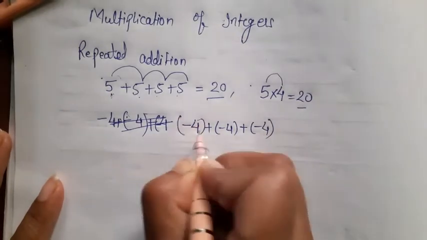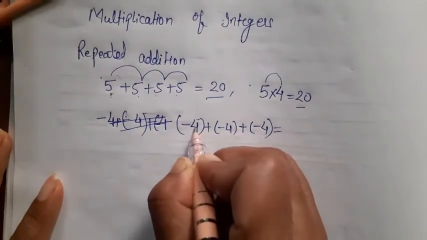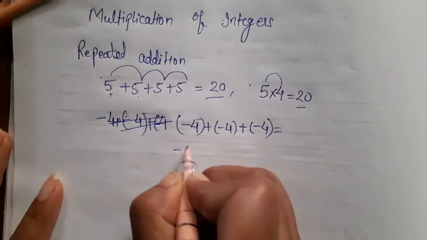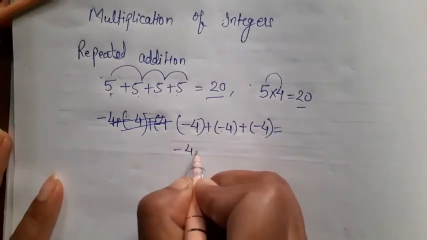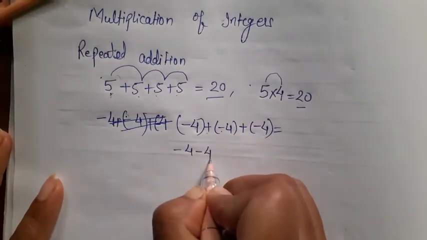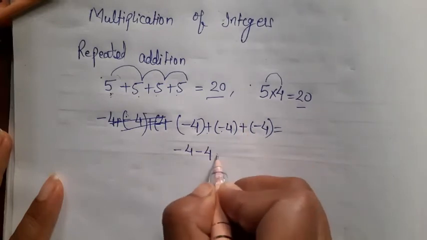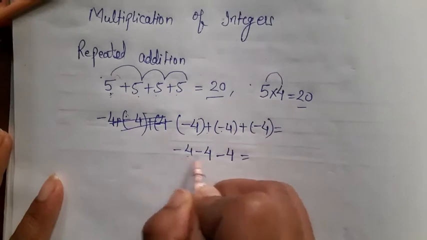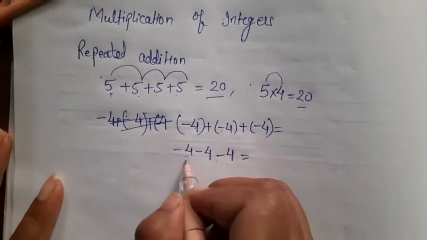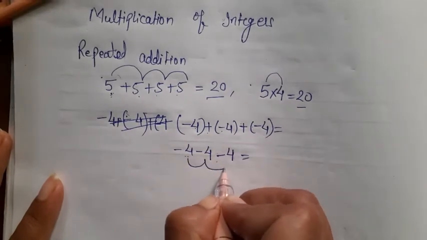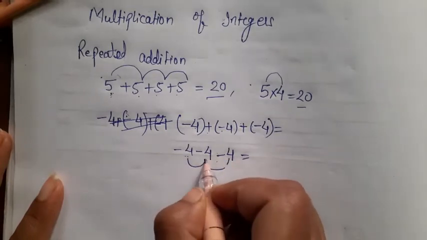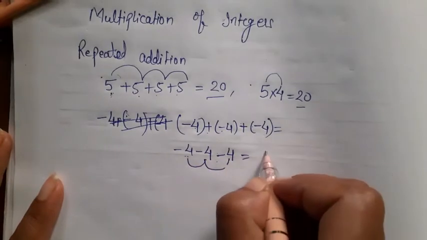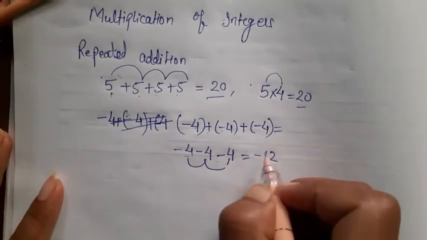So how can you add this? All the signs are the same, so we add them: 4 plus 4 plus 4, this is 8 and 8 plus 4 is 12, and the sign is minus.